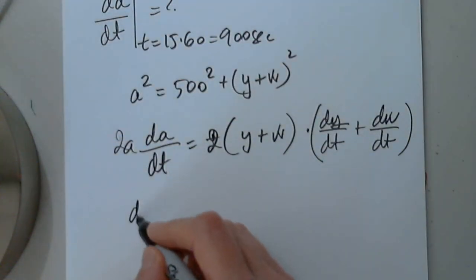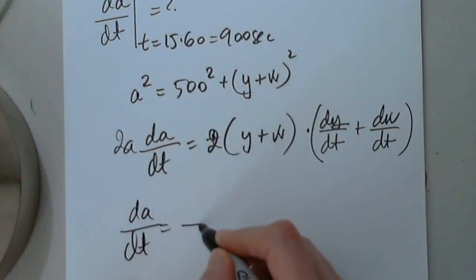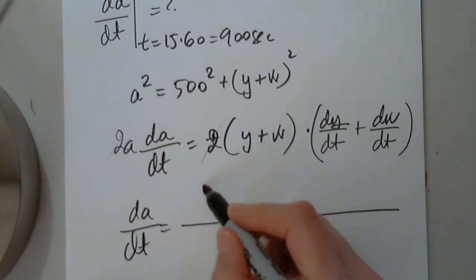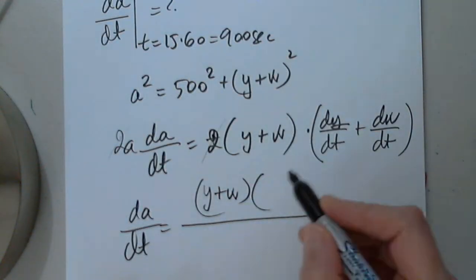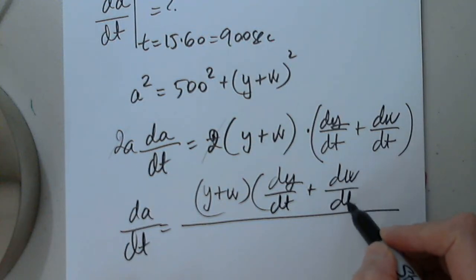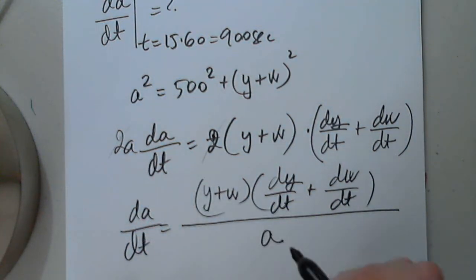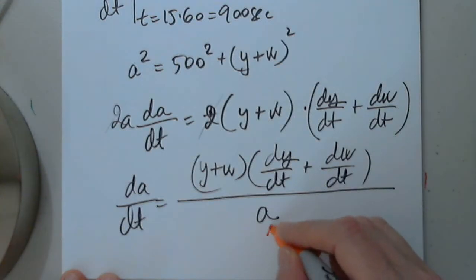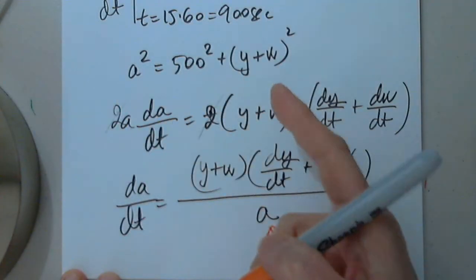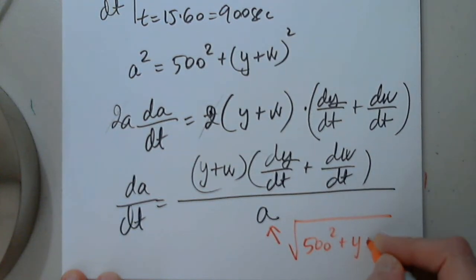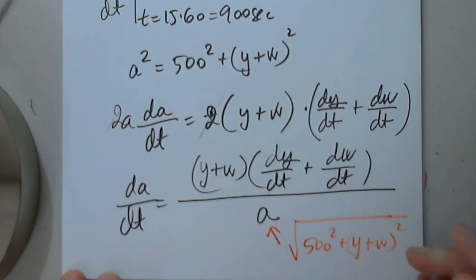So then dA over dt is y plus w times dy over dt plus dw over dt, divided by a. Okay, what is a? A will equal the square root of 500 squared plus y plus w squared.